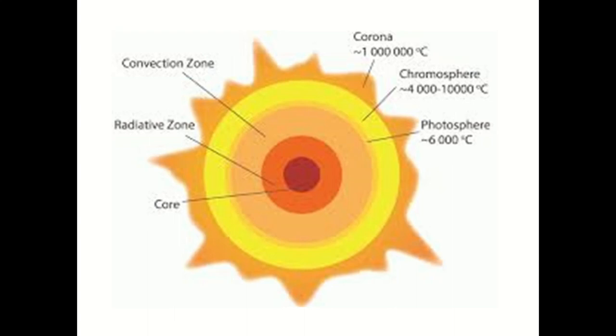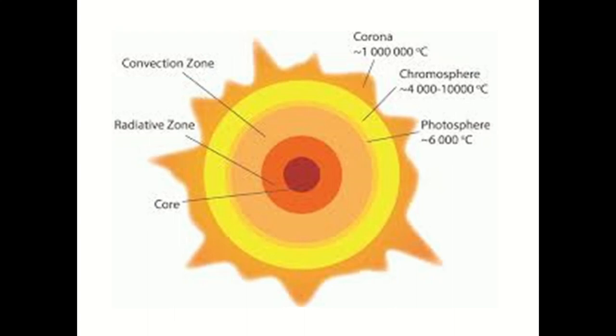Then surrounding that region there is a gas layer called the radiative zone. Surrounding that radiative zone we have a convection zone. So this is the interior part of the sun, and more information regarding these three regions is unavailable to us.